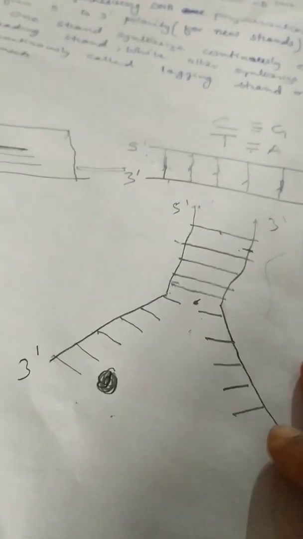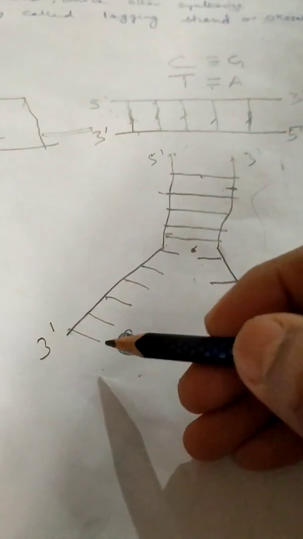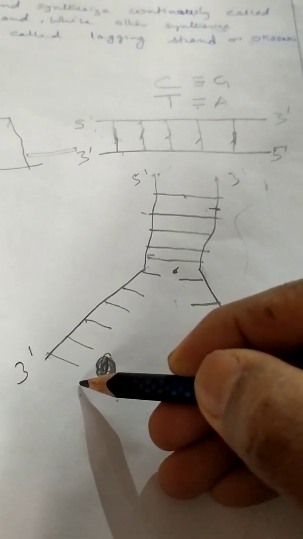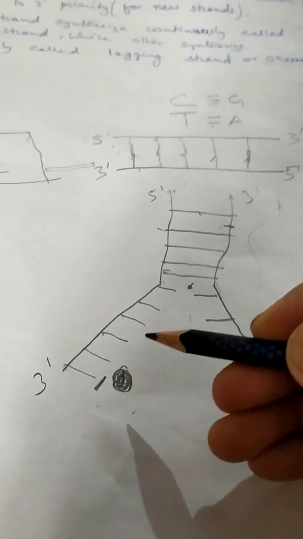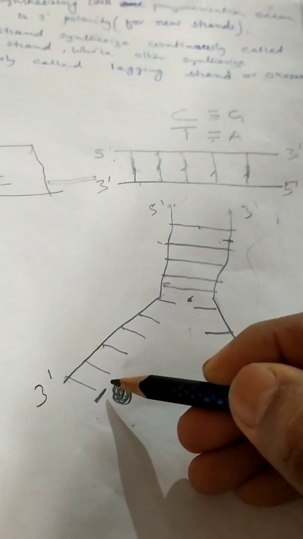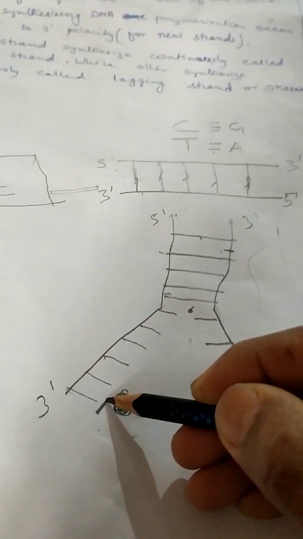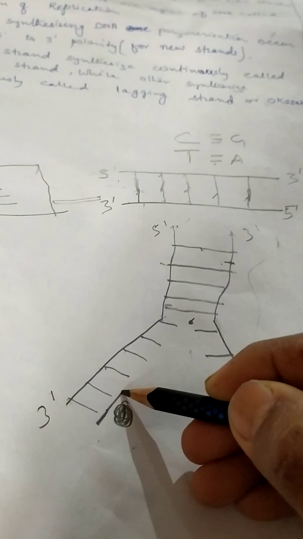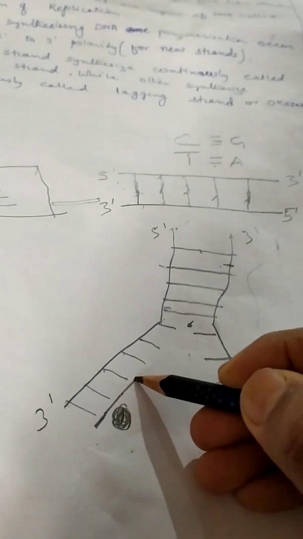So DNA polymerase will start joining deoxyribonucleotides here. Suppose this is one deoxyribonucleotide, and it will bring another deoxyribonucleotide and join with this. Again another deoxyribonucleotide will come here, it will join with this, another.